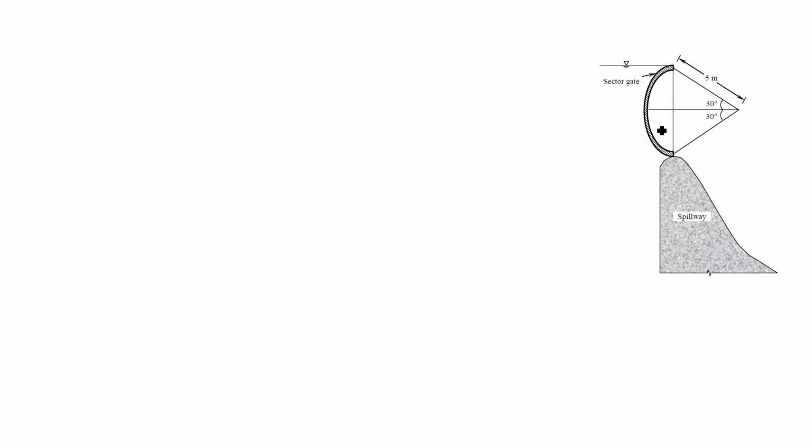This is a sector gate, and the projection of the sector gate perpendicular to this direction will be a plane. We should know the dimension of the plane, then we can easily find the area, and the total force on that area will be the force on this curved surface.